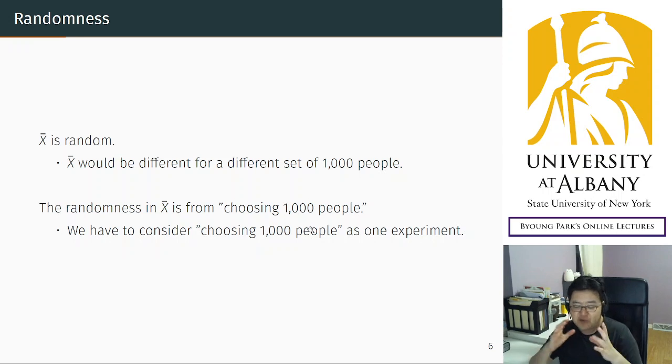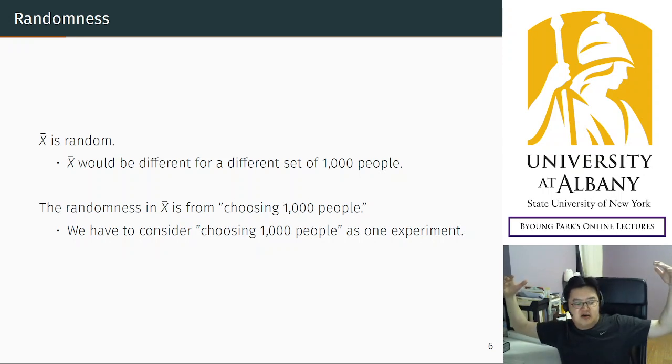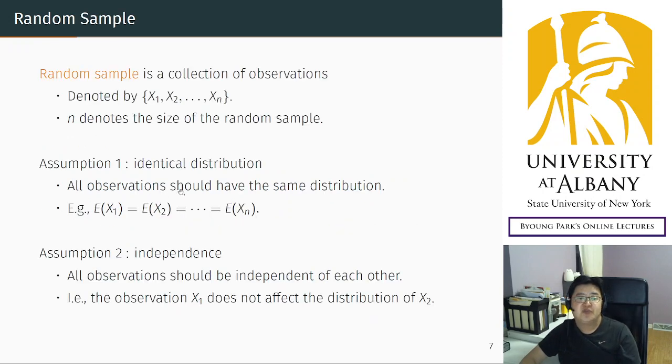Now, an experiment is not just one experiment, but it can be a collection of multiple experiments. It's an extension of your thought. Because it is random, we can study its probability distribution, and we can study its mean and its variance. That's what we're going to do in this chapter.